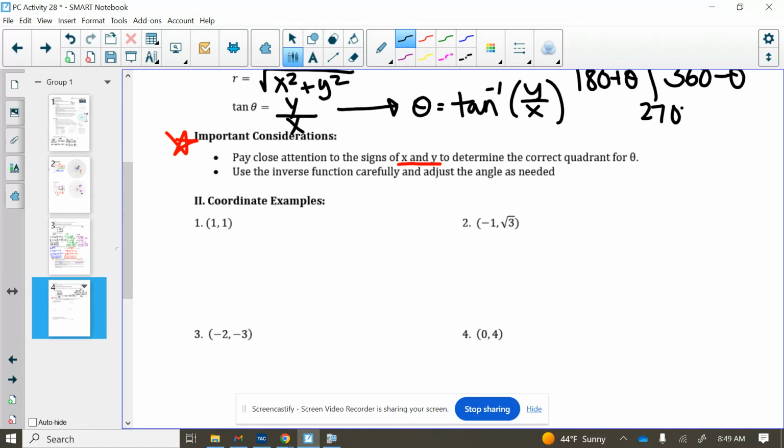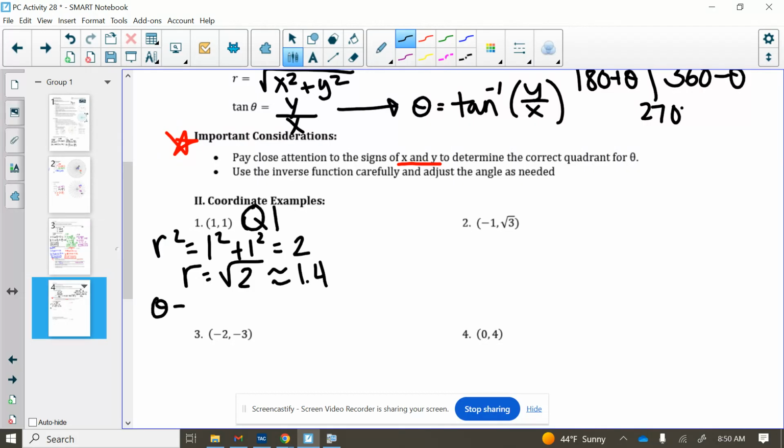So for our first couple examples, notice 1 comma 1, you'd be moving to the right 1 and up 1. That's a quadrant 1 value. So we want to make sure that our theta lies in quadrant 1. Now to get our r squared value, we would take 1 squared plus 1 squared, which is 2. So r is just going to be the square root of 2, or about 1.4 if you're being asked to round.